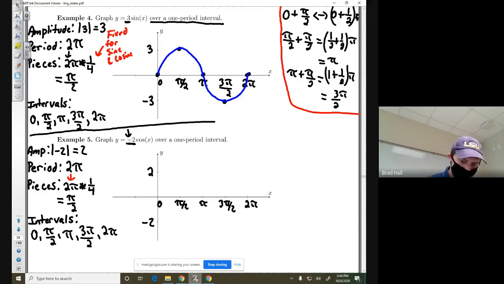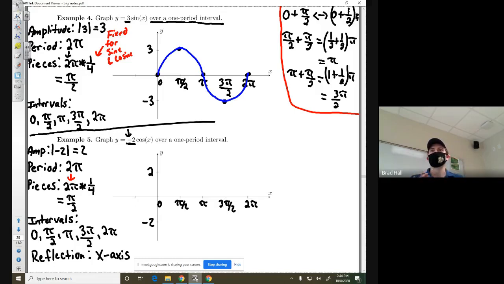So what that tells us is whenever you see that negative sign, there's a reflection about the x-axis. So that means everything that we would put, we're going to flip it about the x-axis. And I'll explain what that means in a bit.